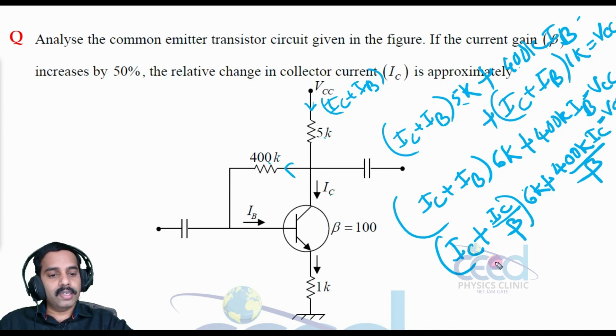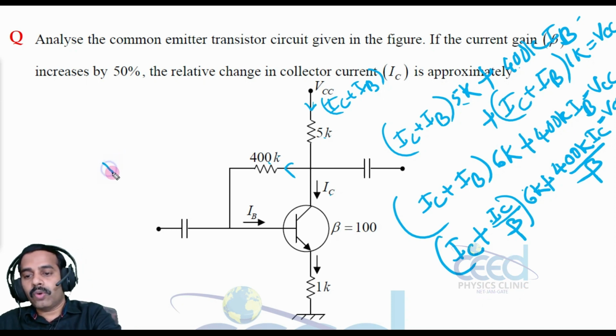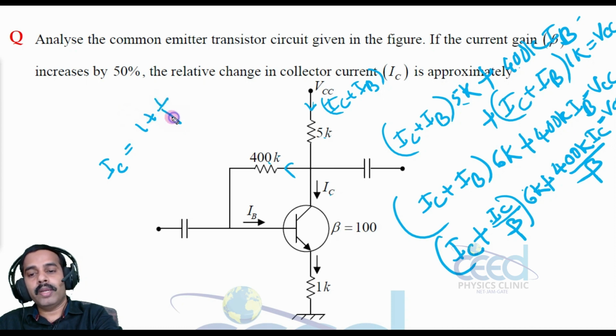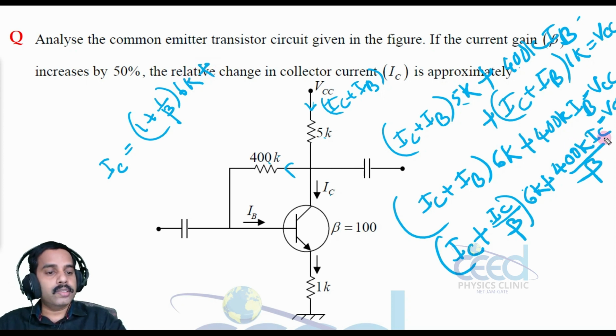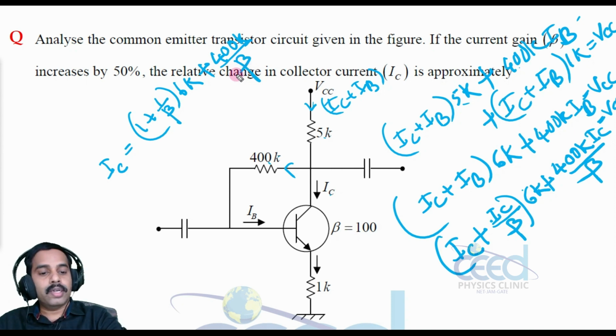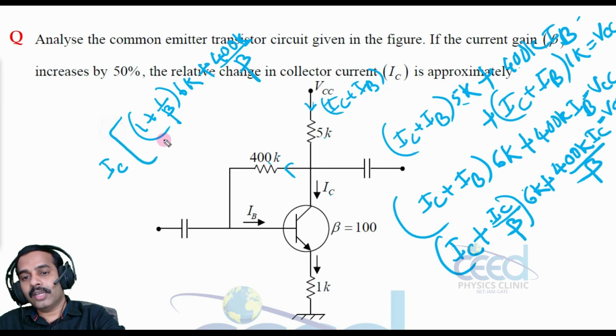Now IC I am taking out: IC into 1 plus 1 by beta into 6K, plus 400K by beta, that is equal to VCC.